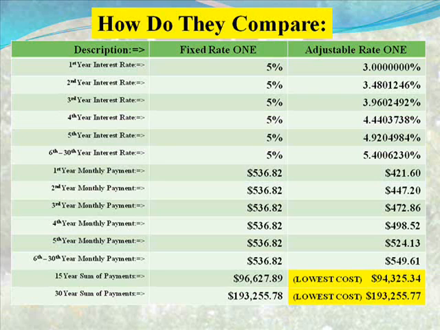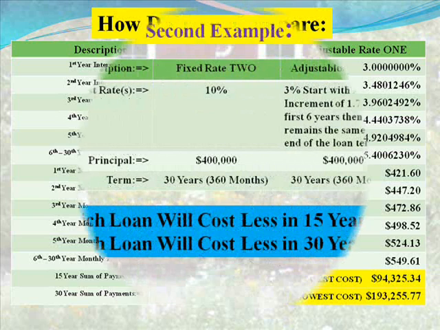And for the adjustable rate, the total of all payments is $193,255.77, or 1 penny less than the sum of all the payments for the fixed rate loan. So here, for example, is where an adjustable rate loan would cost less than the fixed rate loan.